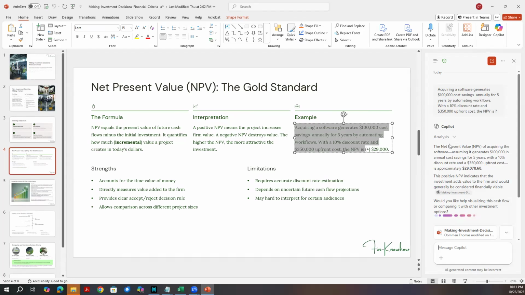And sometimes, in my experience, I have seen that NPV results are hard to interpret for folks who did not come from a finance background. So let's say you have two projects, one which says I've got an NPV of positive $1 million, the other says I've got an NPV of positive $1.2 million.